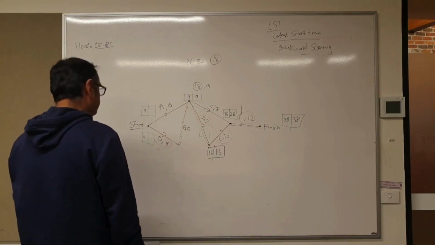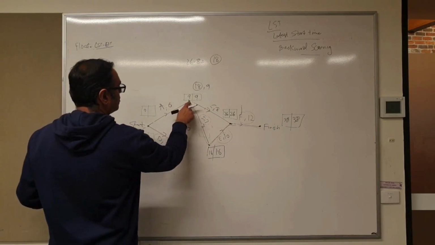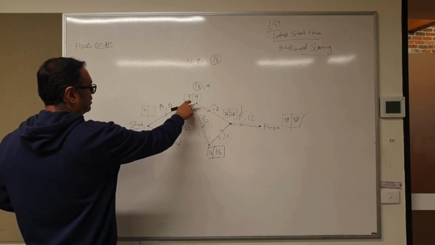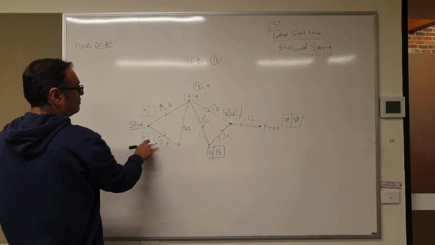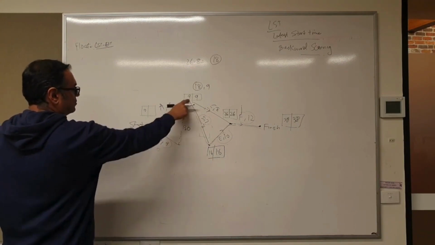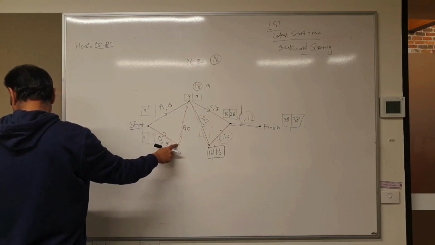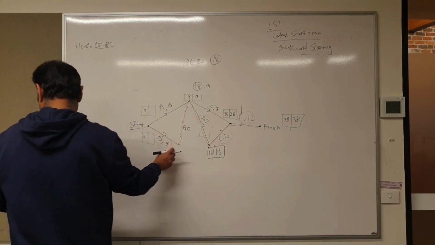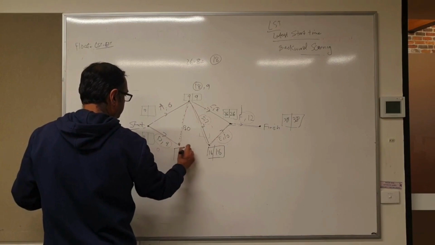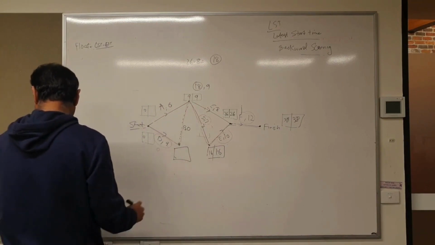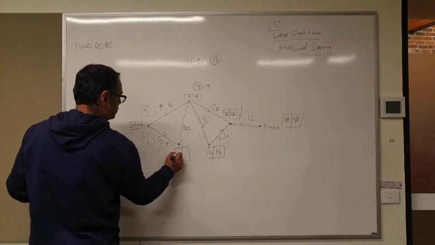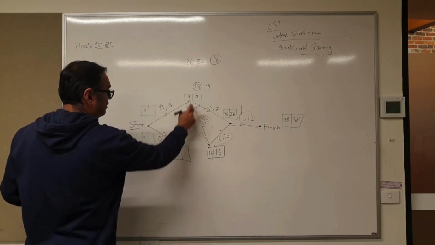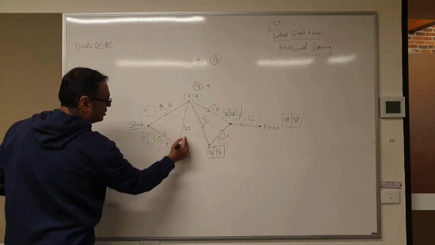And then from here, let's go here. So from 9, 9 minus 0 is 9.